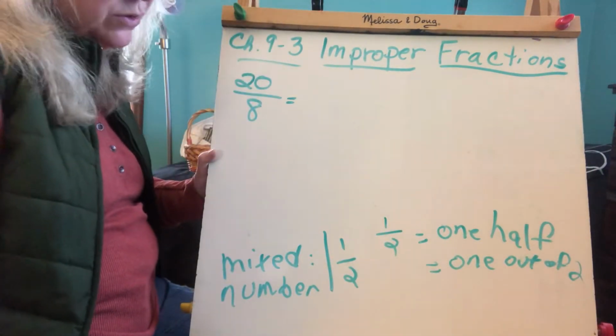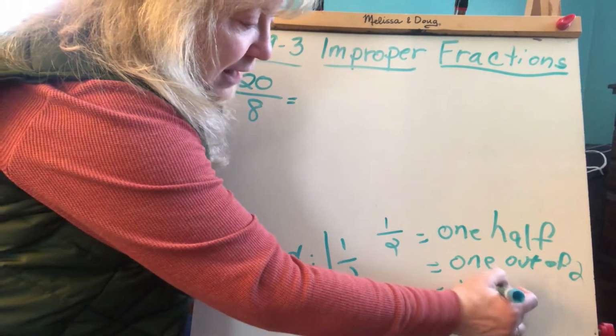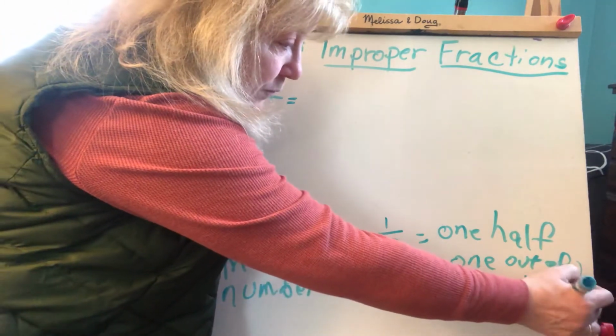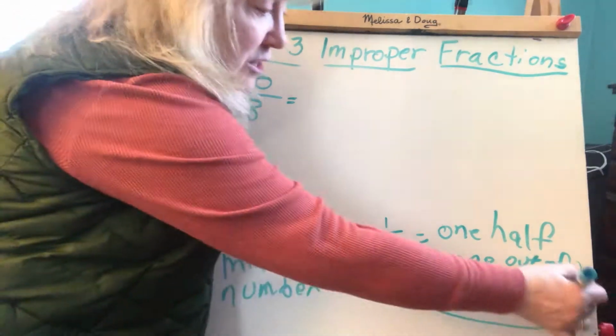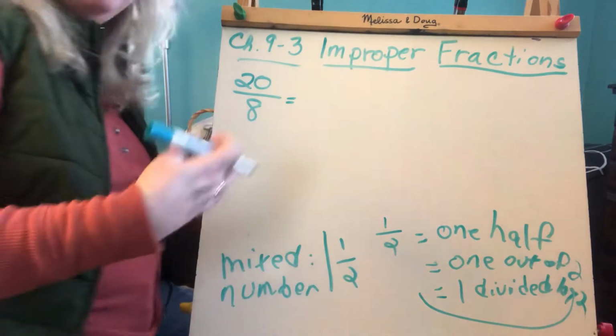We could also say it is 1 divided by, remember this, by 2. So that's the one we're going to use now. You would choose one of these depending on the situation.